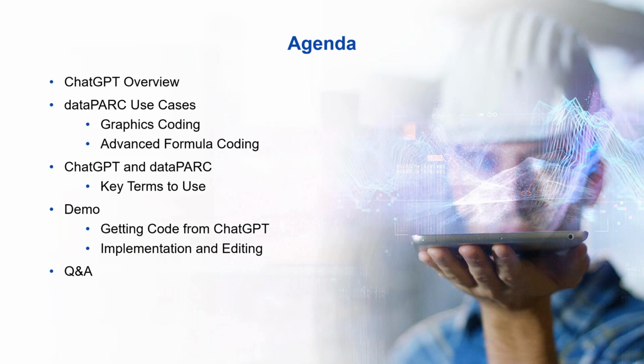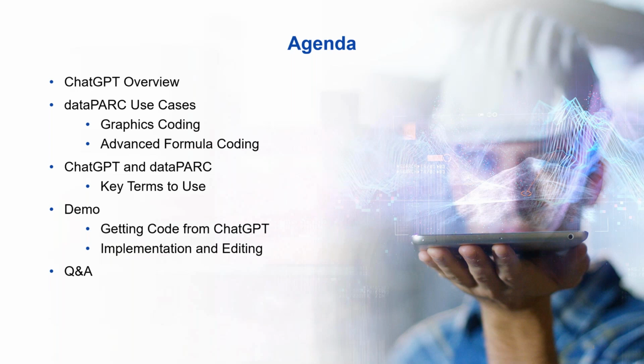And then we'll talk about the specifics of using ChatGPT and DataPark. We'll talk about some of the differences with BARD or some of the other large language models, but the example and the demo that we're going to use, and the key terms that I have learned from ChatGPT, you could say, are going to be ChatGPT specific. As I said, in the demo we will get code from ChatGPT.